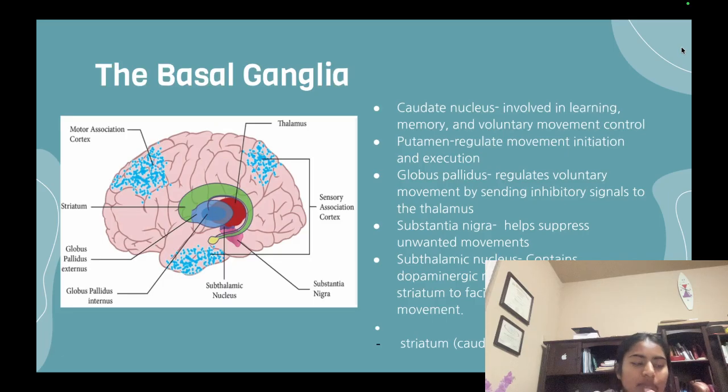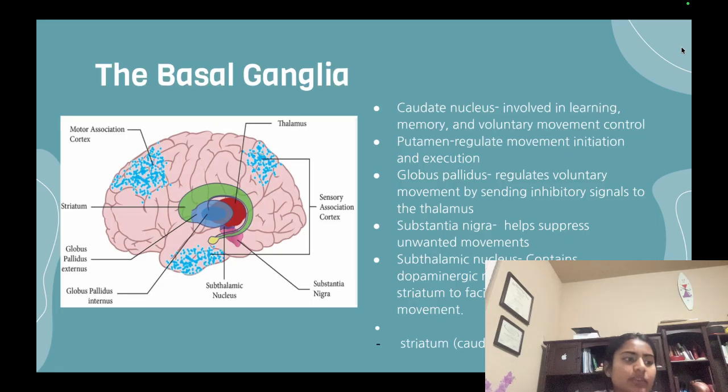They help coordinate voluntary movements and ensure movements are smooth and purposeful. What's important to note, and that we covered in class, is that damage to the basal ganglia can lead to movement disorders such as Parkinson's disease or Huntington's as well.